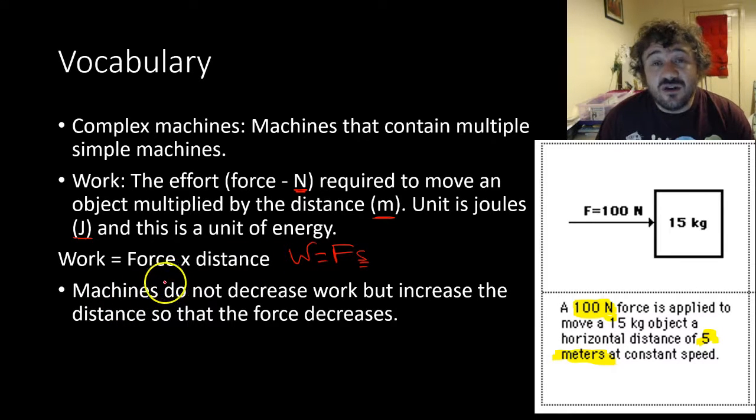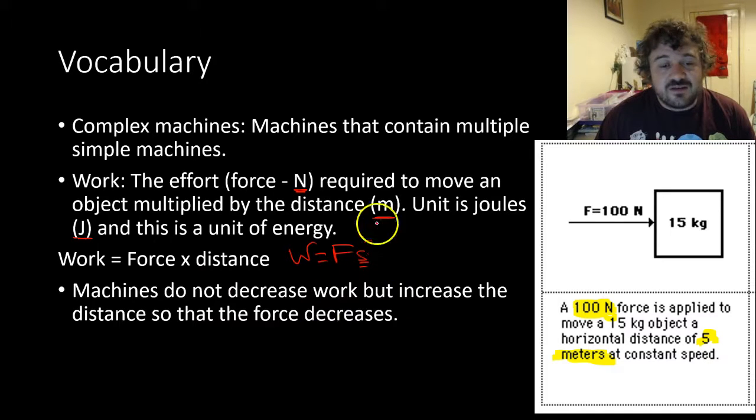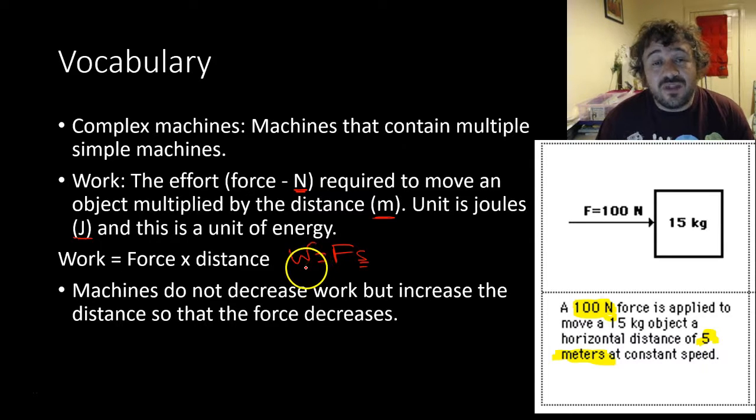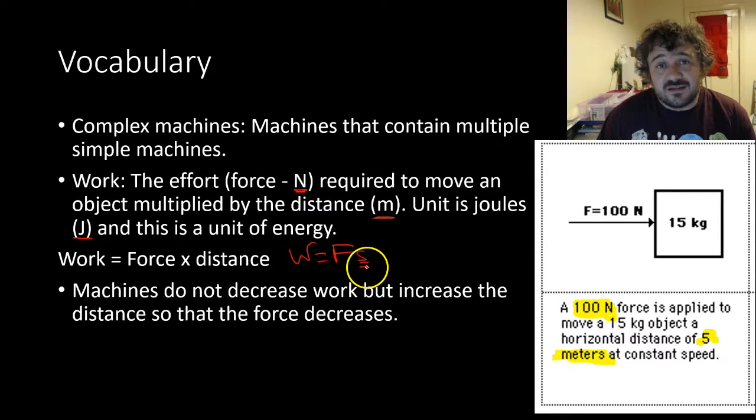So machines do not decrease the amount of work, but increase the distance so that the force decreases. So if this number is to stay the same, right? When we're talking about work, we're talking about amount of energy. So if we want to lift something, move something, without using a machine, it will take a certain amount of energy, which means we've got to use a certain amount of force to move it this distance.